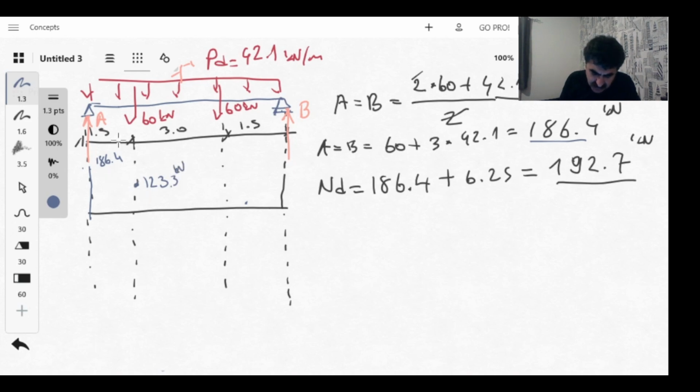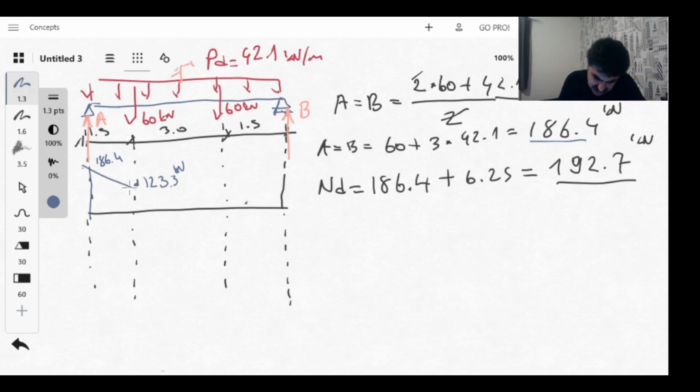Between these two, as we have a linear distributed load, this will be a first degree line.